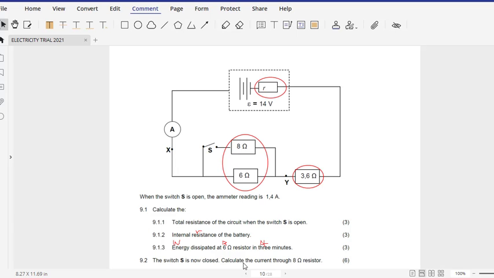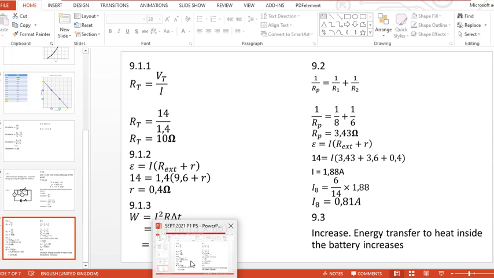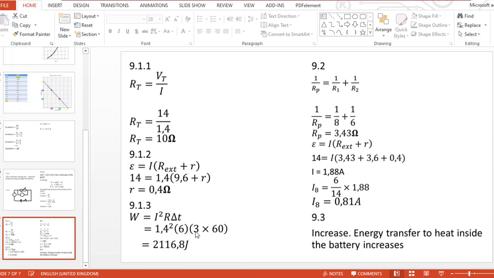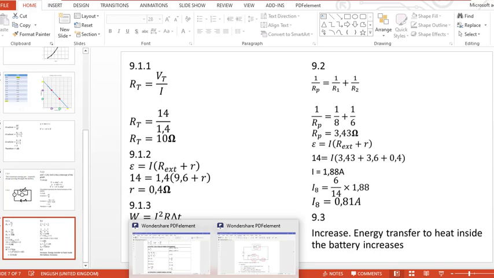But we have to convert 3 minutes to seconds by multiplying by 60. And that is why we see that the time is 3 times 60. And then when we evaluate this with a calculator, we get 2116.8 joules.